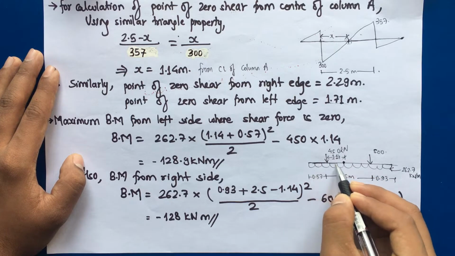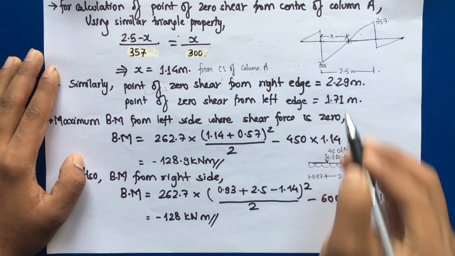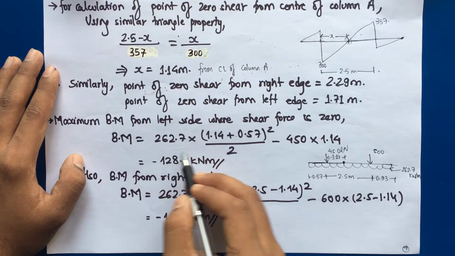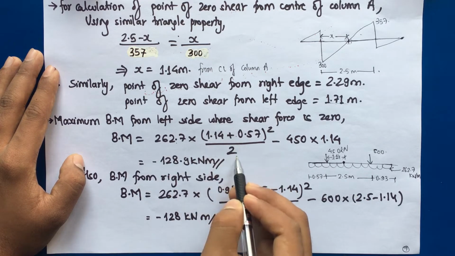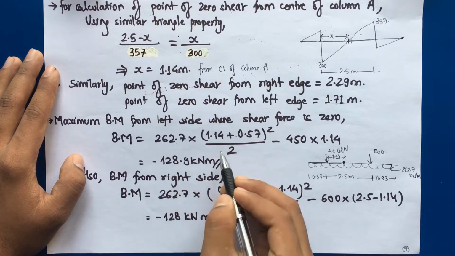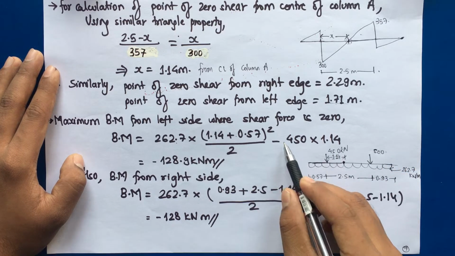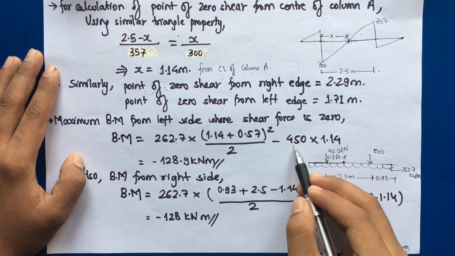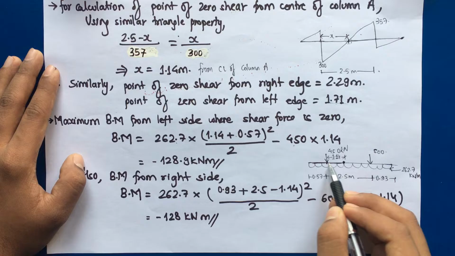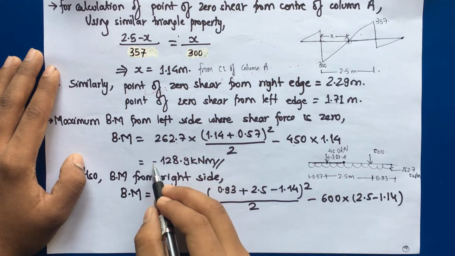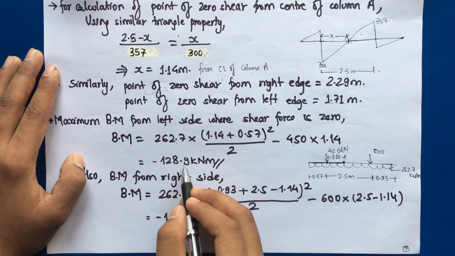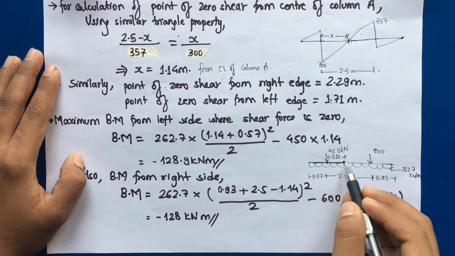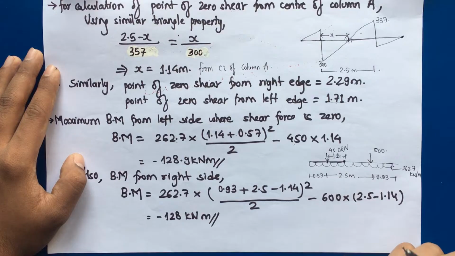The span of the UDL up to this point is 1.71 meter. Square divided by 2, because for UDL bending moment is WL square by 2, minus, because we have a downward load acting at point A, 450 into 1.14. Now this comes as minus 128.9 kilonewton meter. So this is the maximum bending moment which occurs at the point of 0 shear.